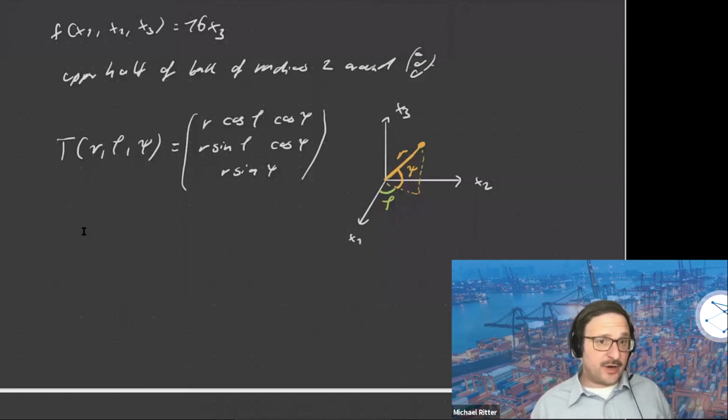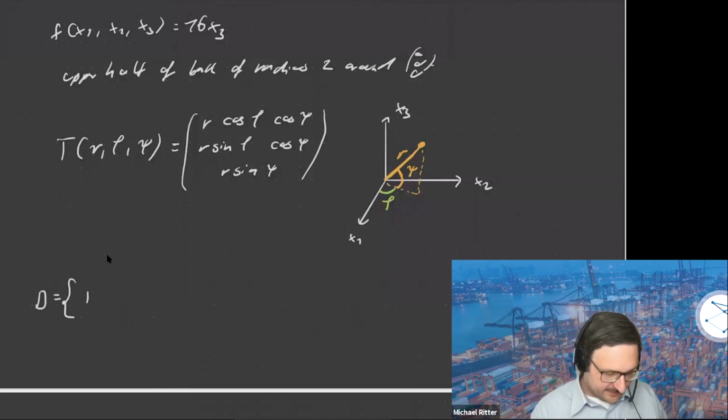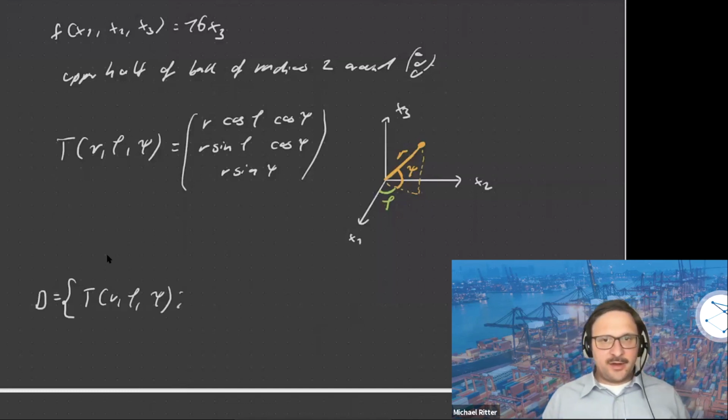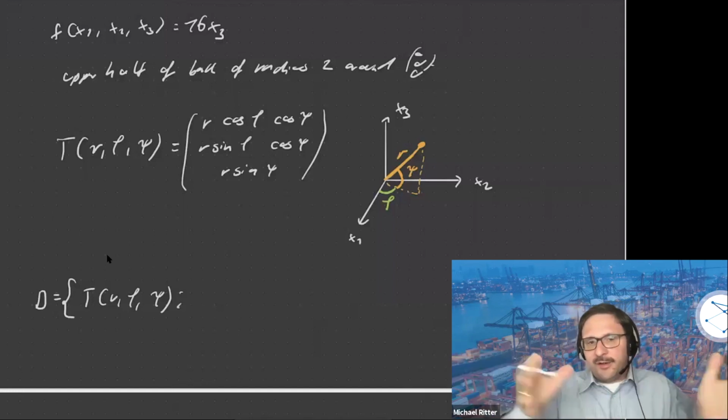And we want to describe the upper half of a ball of radius 2. So how do we do that? It means our domain in spherical coordinates is described as all points r, phi, psi with the following restrictions. The radius is 2, right? So we want the whole ball, including the interior.